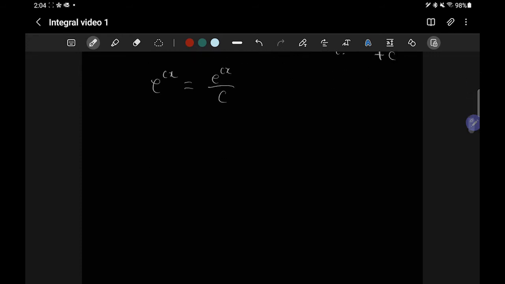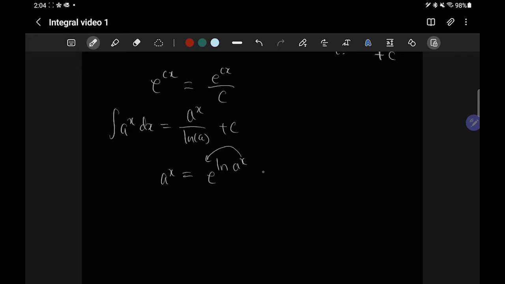Now let's move on to integrating a to the x. The integral of a to the x dx equals a to the x over ln a plus c. Now, why is this true? Well, to prove this, we need to first modify the a to the x function. a to the x equals e to the natural log of a to the x.